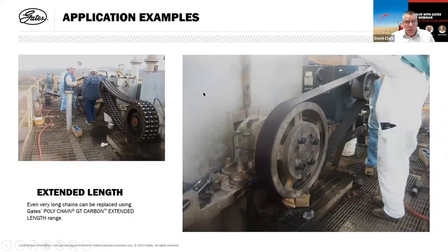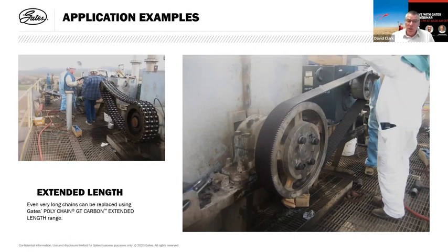There's some very large chain drives out there, a 200/3 chain here, huge chain drives. This is an example where one was replaced by a Poly Chain belt drive with extended length, I think. If you look in the background of the left-hand picture, this drive is at height, and all of the components have to be transported up to this height.